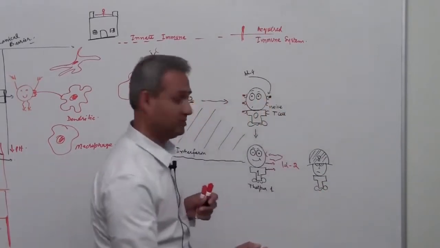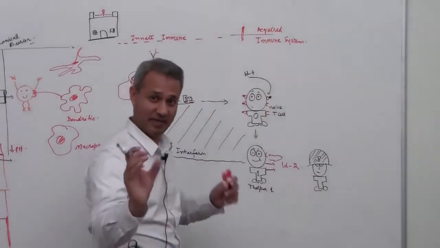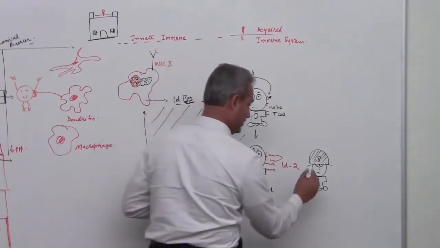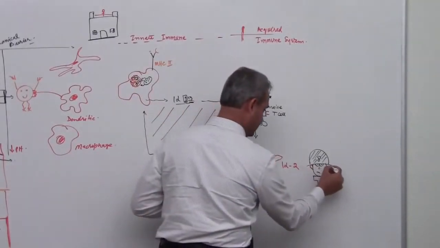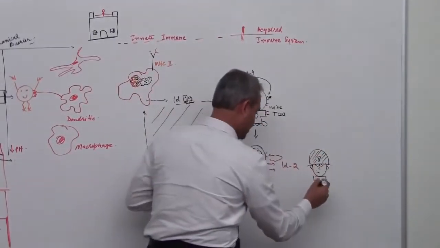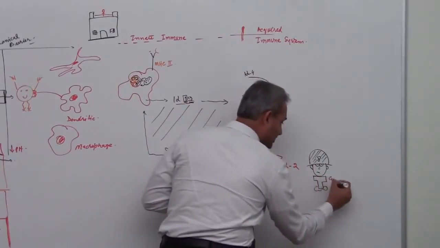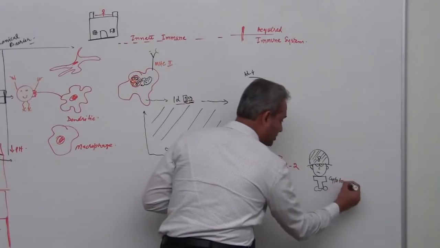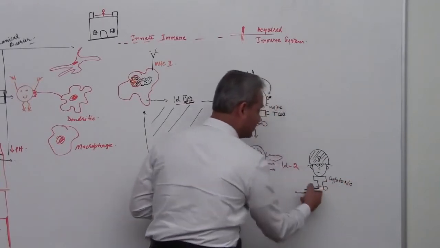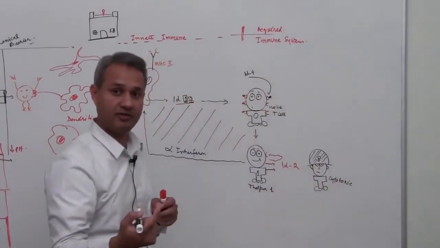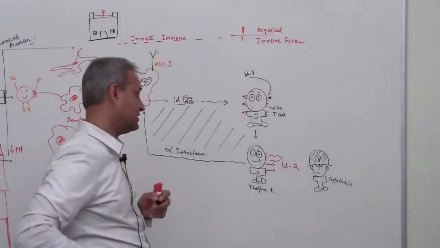Well, he doesn't look that scary, but anyways, imagine that he's a scary looking T cell. Do you see? He's wearing this helmet as well. So he is a cytotoxic T cell. So he's wearing a T as well. Right? So he's a cytotoxic T cell.